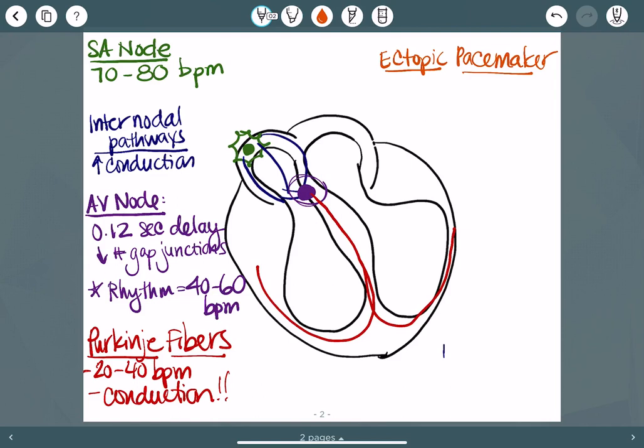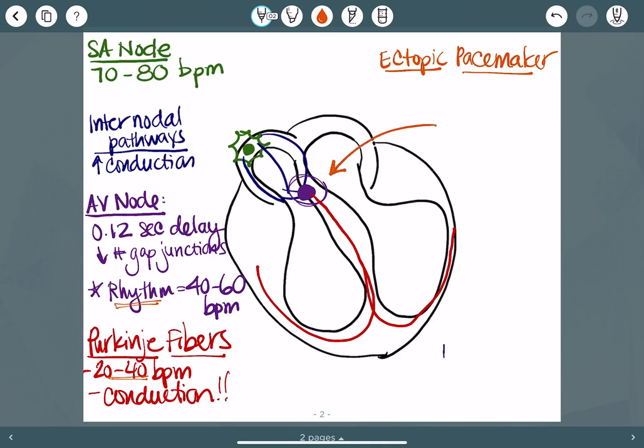And when you know the intrinsic rhythms of some of these different areas of the heart, it can help us figure out what area of the heart is controlling the rate. So that's the ectopic pacemaker. We went through the importance of the AV node as that junction between the atria and the ventricle, that necessary path to spread the action potential from the atria to the ventricle.